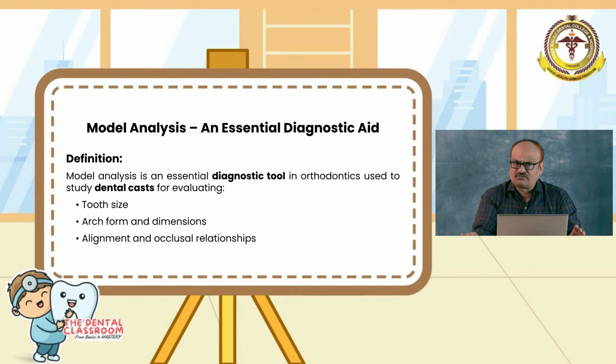It is useful for assessment and for your diagnosis, and depending upon the results you get, you can plan your treatment. It gives you the tooth size discrepancy, and the arch form and shape also. Of course, quantitative model analysis will take the arch size, alignment and occlusal relationship between the maxillary and mandibular arch.